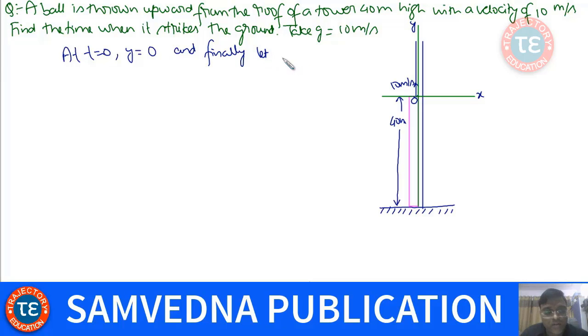your y becomes equal to minus 40. See, this is taken as origin, so any measurement of x right of the origin is taken as positive, any measurement left of the origin is taken as negative, any measurement which is above the origin is taken as positive, and any measurement below the origin is taken as negative.